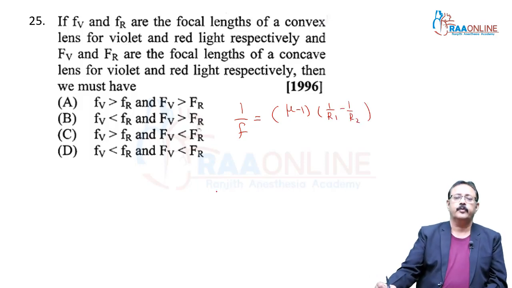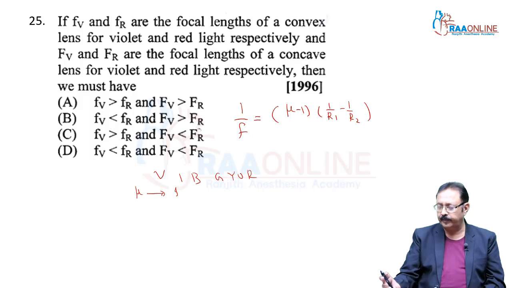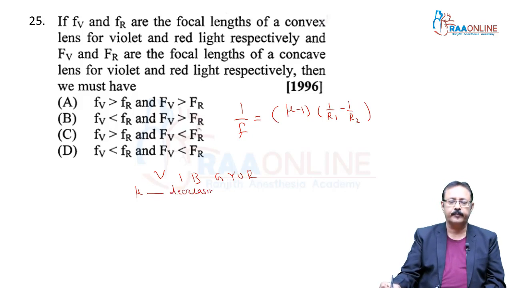I told you in VIBGYOR, with respect to mu, it is a decreasing order. Mu is maximum for violet and minimum for red. And for wavelength, it is increasing order.